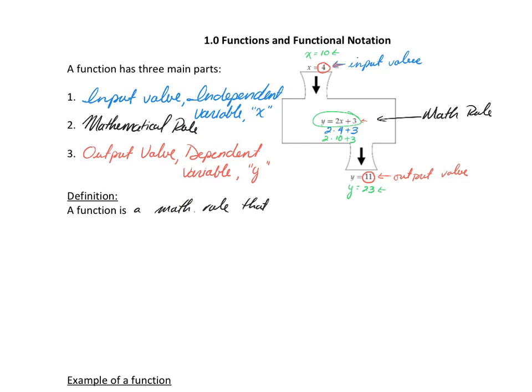that takes certain numbers, such as 4 or 10 or any number on the number line. It could be a positive number, a negative number, a whole number, a decimal, a fraction.